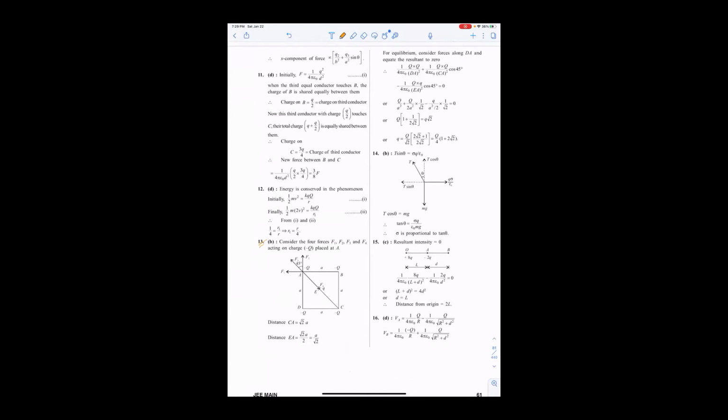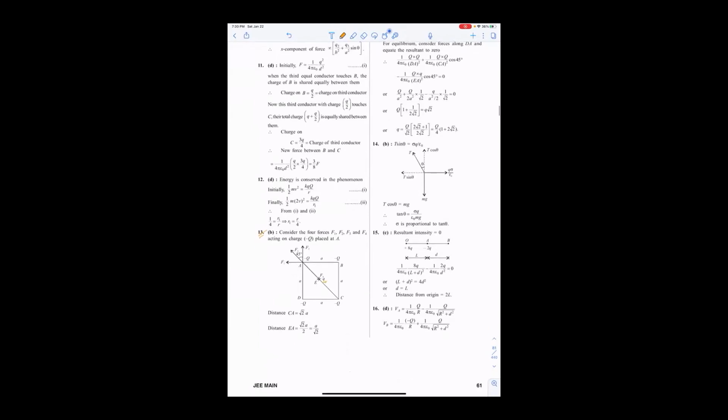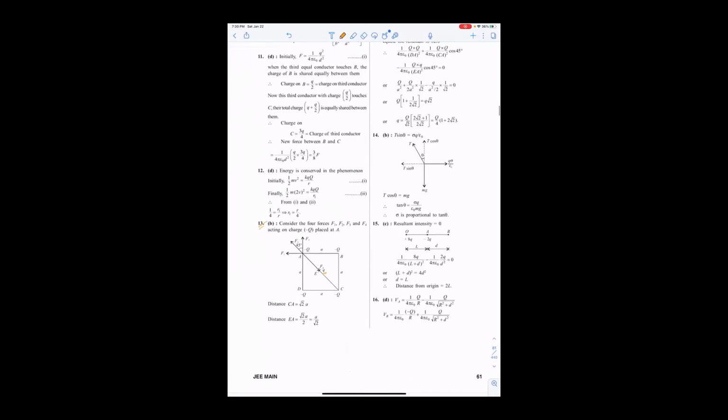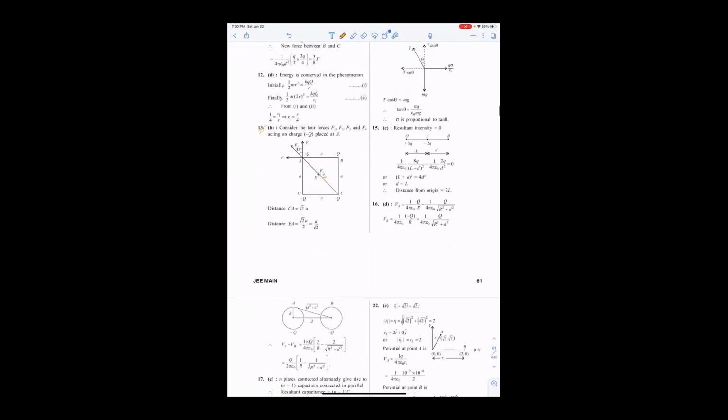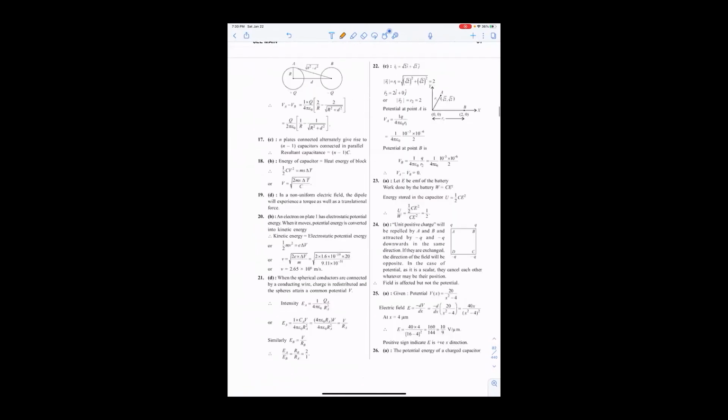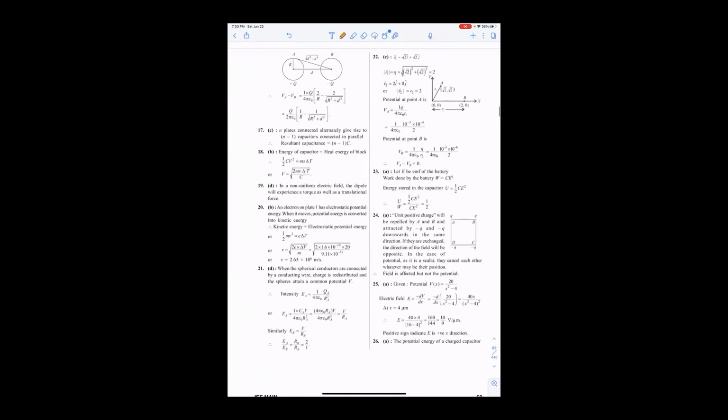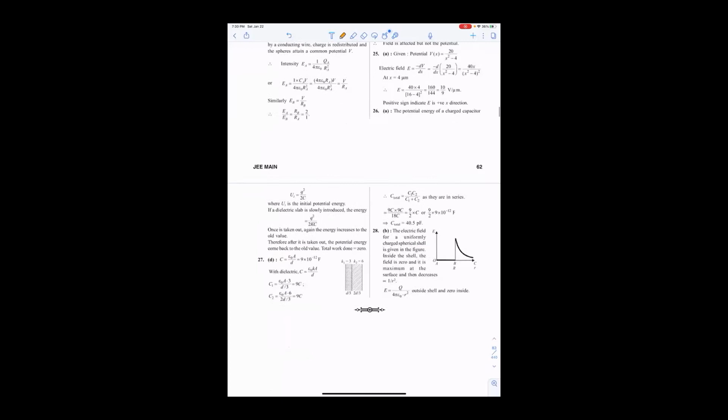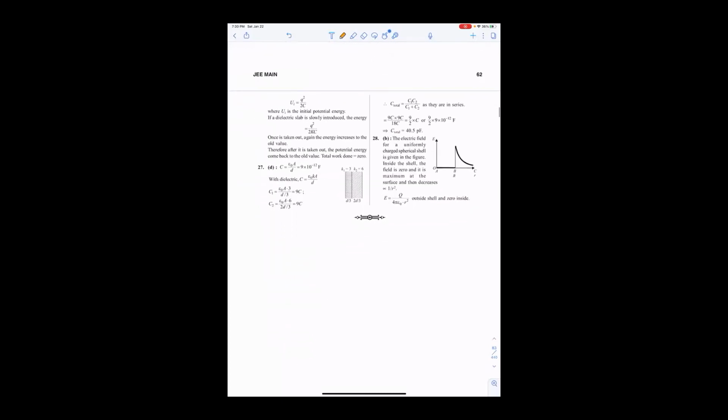So you have to find out F1, F2, F3, then resultant is balanced by this Q. Same question. Take a screenshot here. Done. The last one.